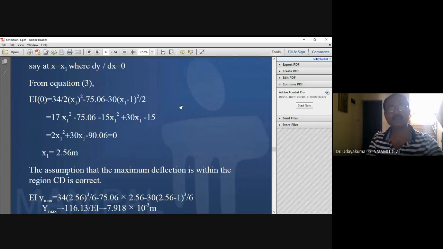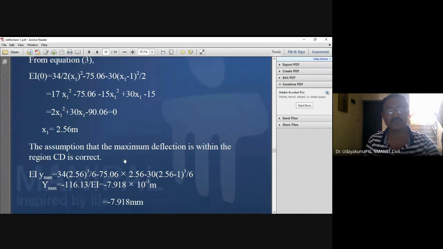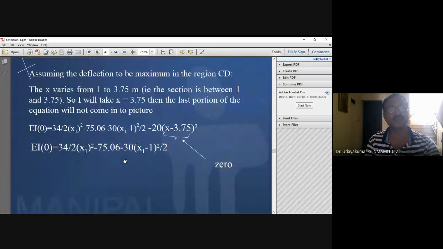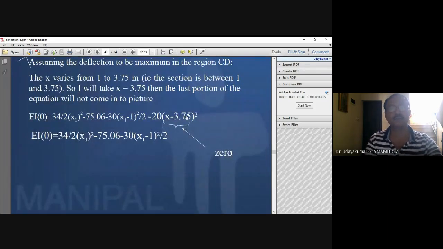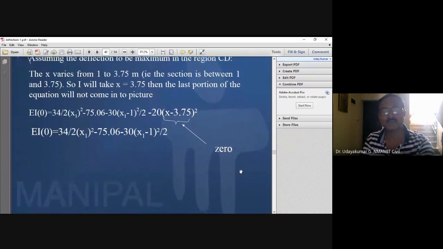The third part is not considered. So 2.56, you substitute this value in the deflection equation, get the maximum deflection. So just it is checked here. Deflection of maximum in the region where x varies from 1 to 3.75. So what he says is x of 3.75 is not taken. This explanation is given.